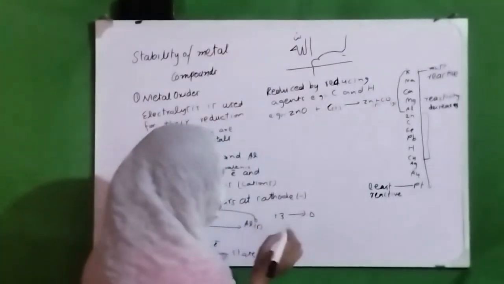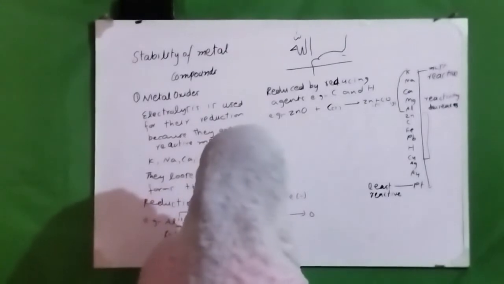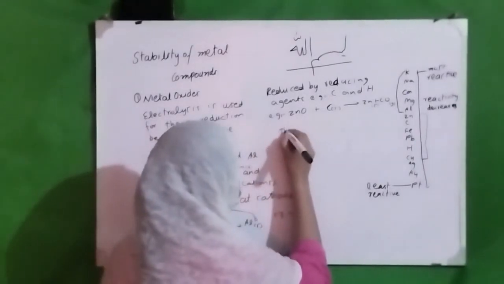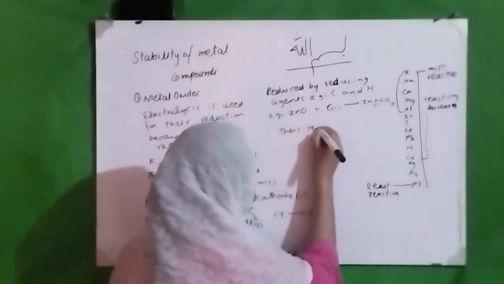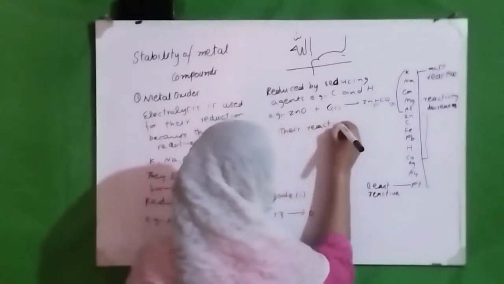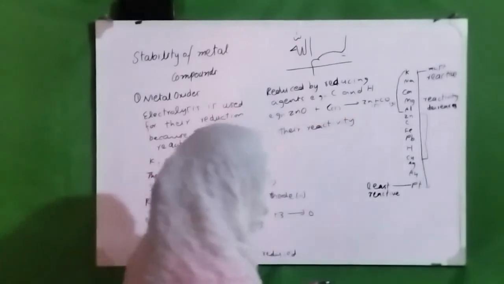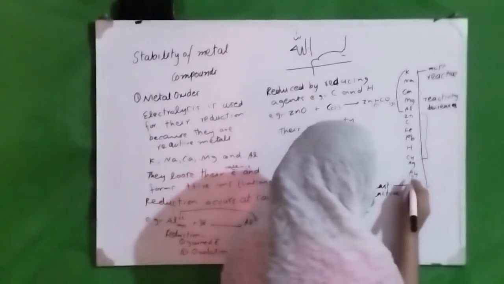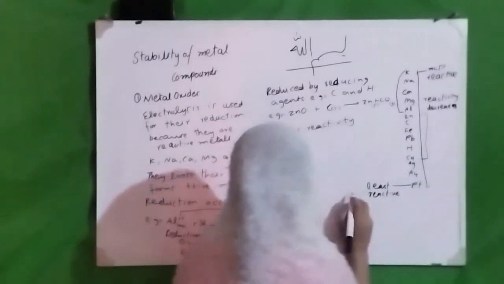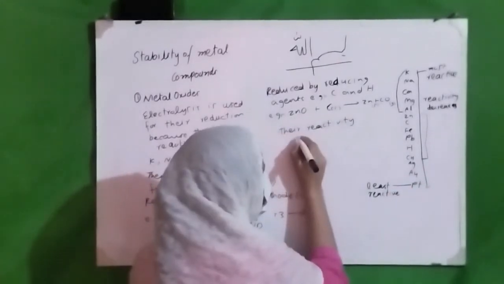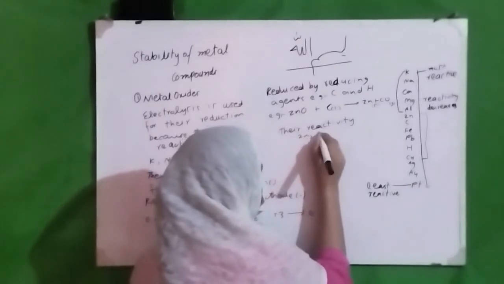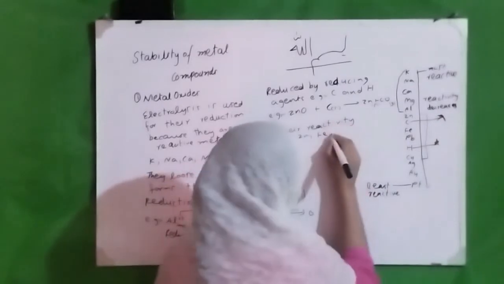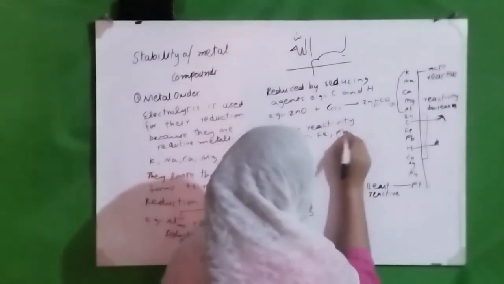The reason behind their reduction is their lower reactivity. These oxides are easily reduced by simply heating, and it includes zinc, iron, lead and copper.